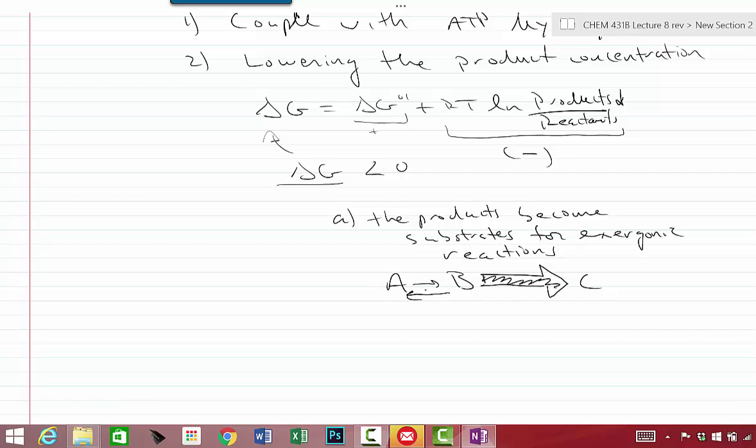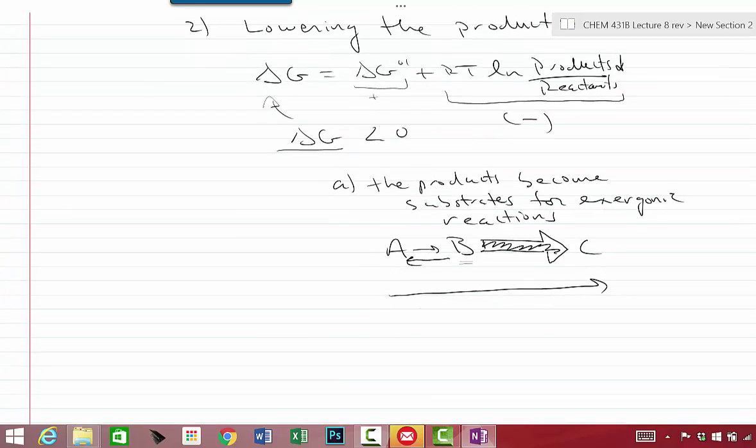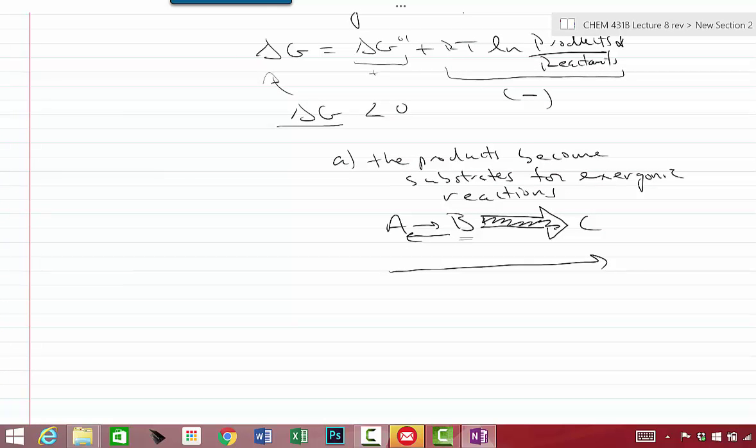So in other words, although you're making very little B in the beginning, eventually you can get the overall flow of the set of reactions to go to the right here. So the products become substrates for an exergonic reaction. This is an exergonic reaction.